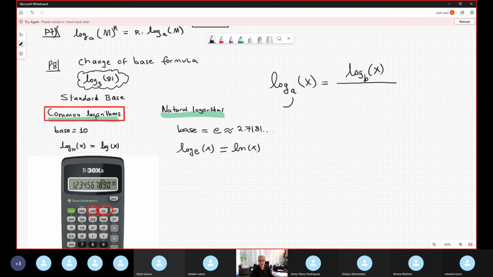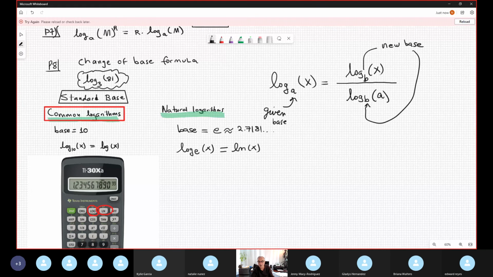This is the original given base, and this b is the new base. And why not? If I am using the calculator, maybe the new base is the standard base, log or ln. And the beauty, the magic, is that independent of the key that you press, you get the same answer. Divided by logarithm of b, the same new base again, of the old or given base a.